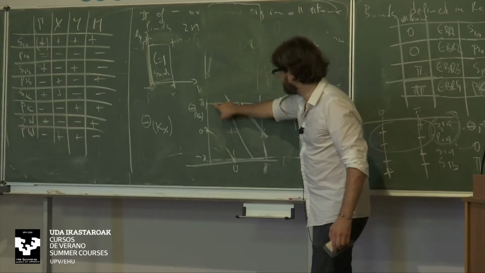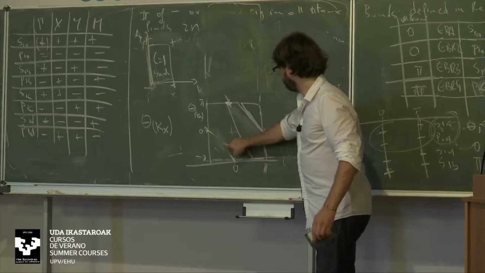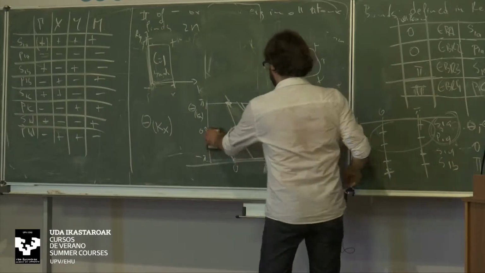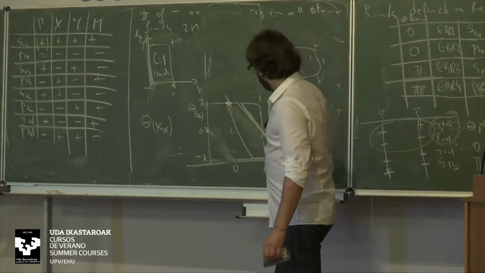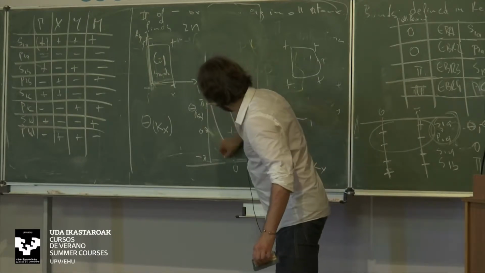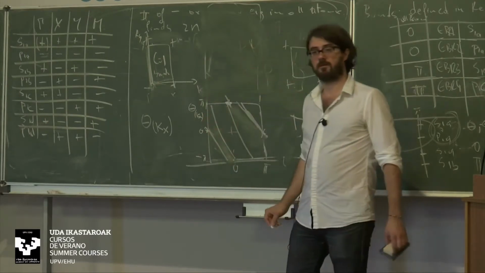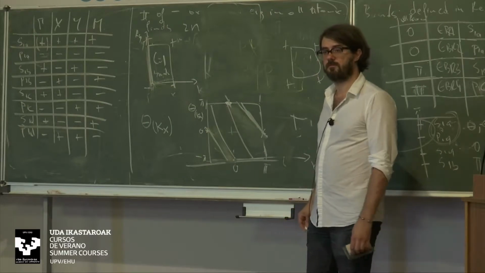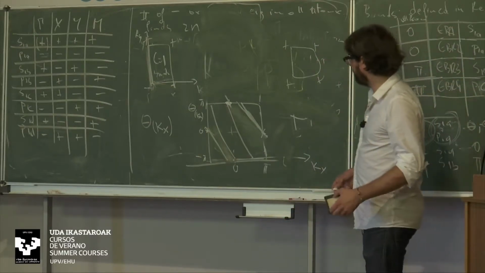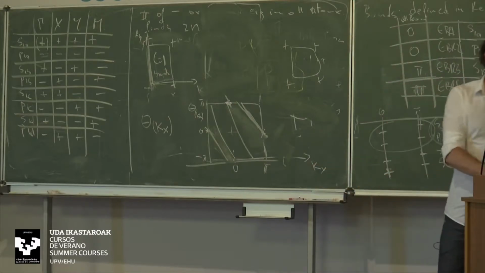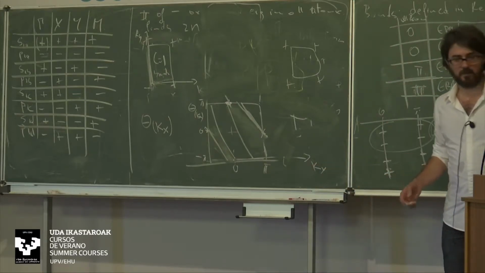And then on this other side, I would have inversions. I would have this and this. Okay? But it still winds an odd number of times. Does that make sense?